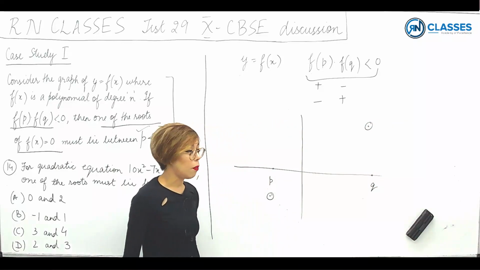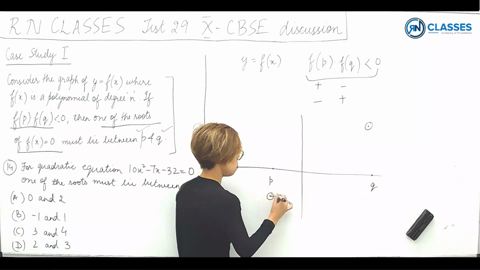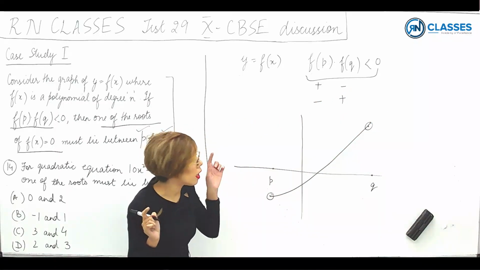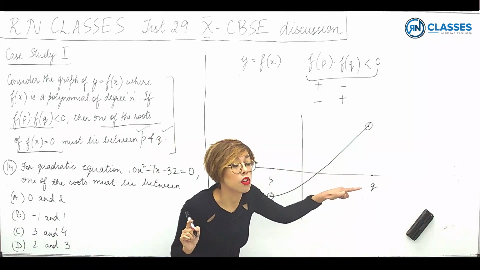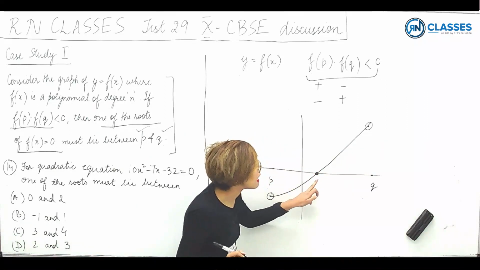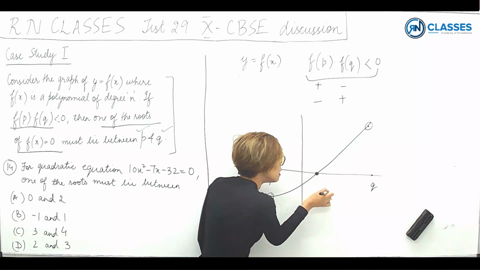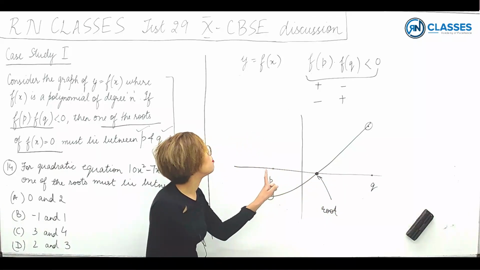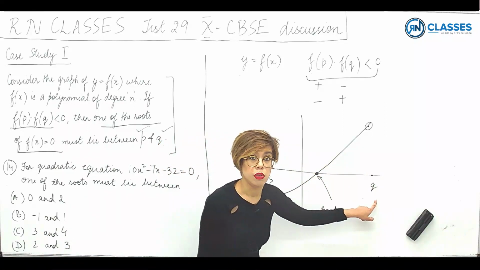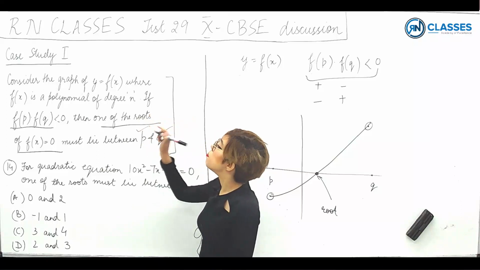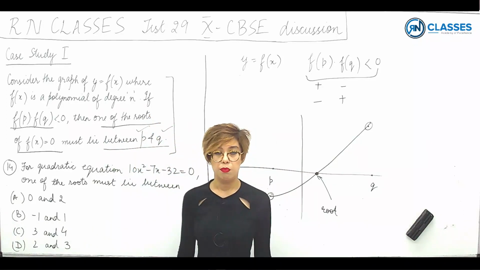Now, the graph of the polynomial maybe is like this. Now check whether this intersects the x-axis or not. Absolutely it does. At this point, it is intersecting the x-axis. That means this is the root. So yes, one of the roots lies between p and q. So in both cases, I agree with this. Yes, one of the roots must lie between p and q.